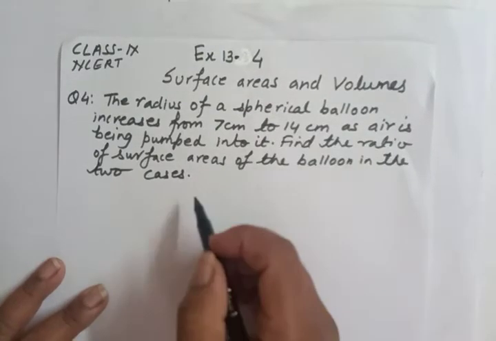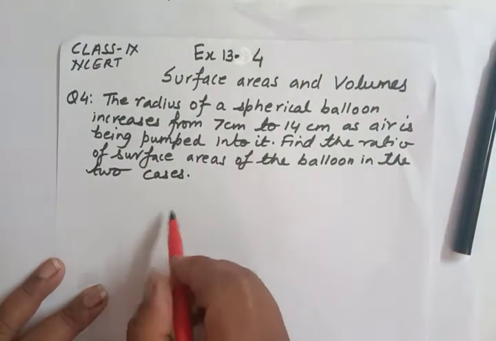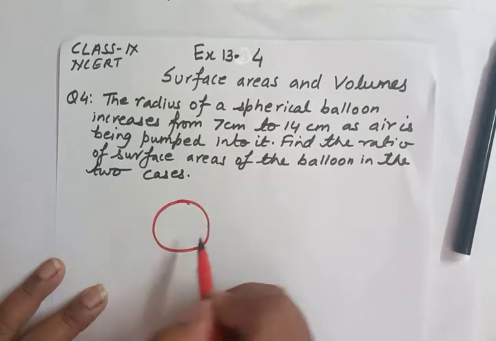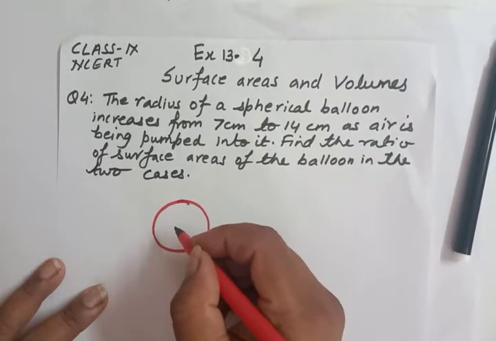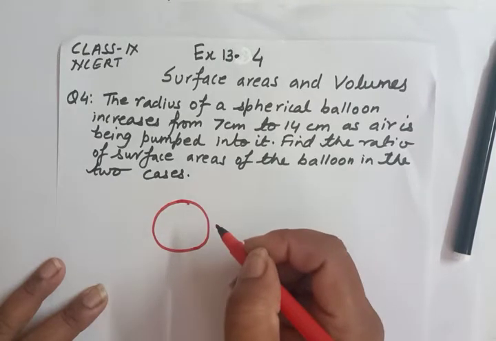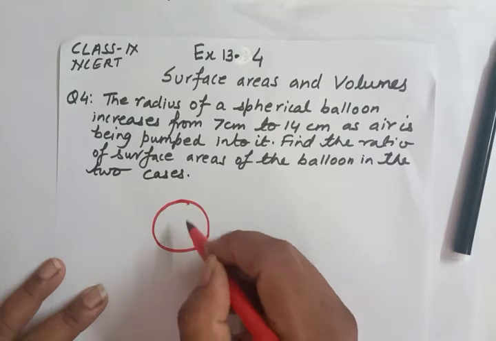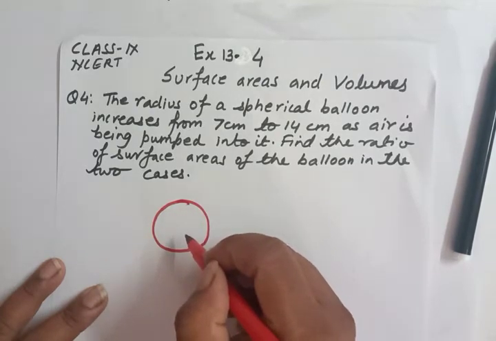So let's first of all understand with the help of a figure. This is the shape of the sphere. When we use the word sphere, it is a three-dimensional figure having all the points at a constant distance from the center.